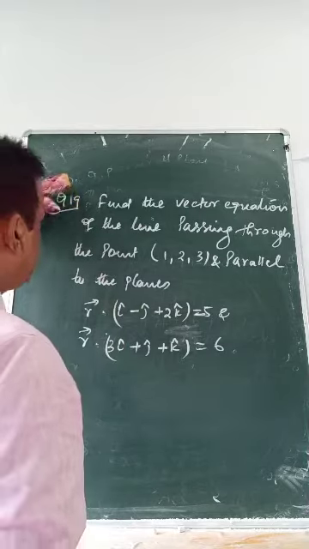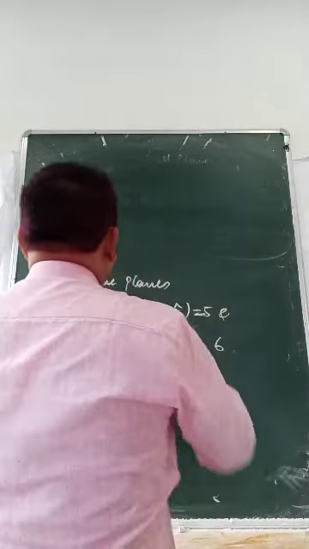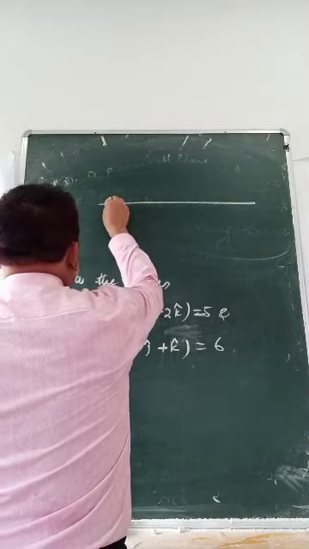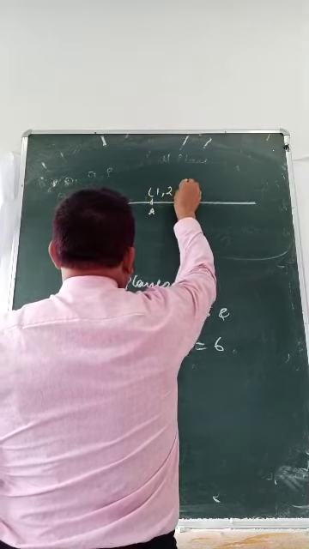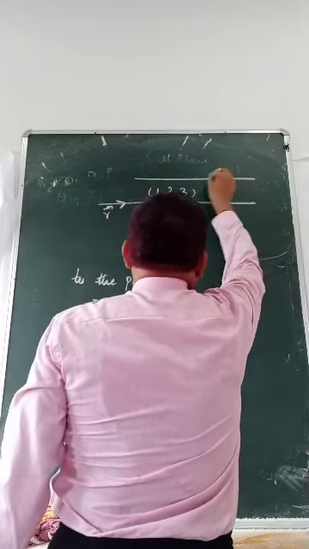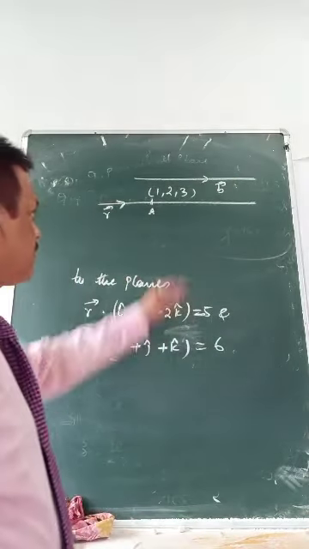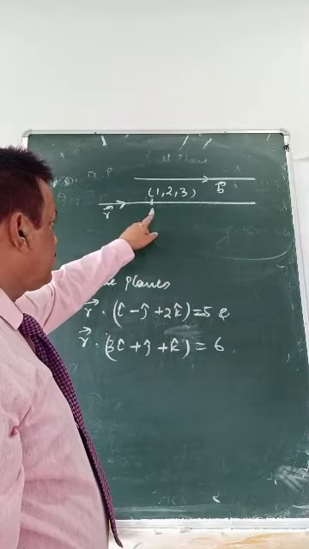The line is passing through a point. First you see here, there is a line passing through a point (1, 2, 3) and parallel. Obviously it will be parallel to a vector b, so that you can find the equation of the line.